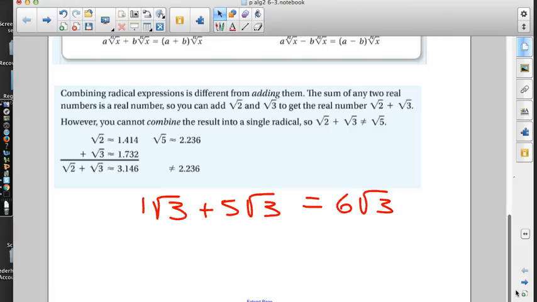So the square root of 3, there it is, plus 5 square roots of 3 gives me 6 times the square root of 3. Exact same thing. So it works if we combine like radicals, but that's the only way it's going to work.